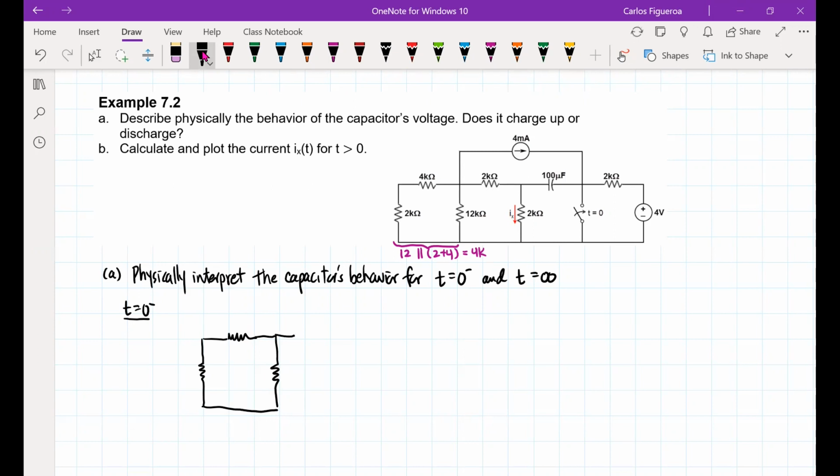And then I know that it reaches steady state, so that's where the capacitor goes. And then I have a resistor and a source right here. The only thing I have to add is the current source.